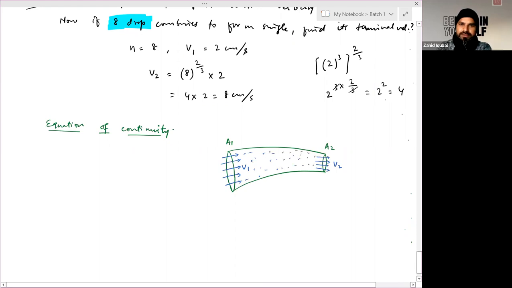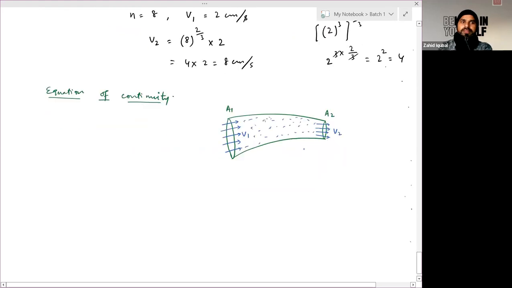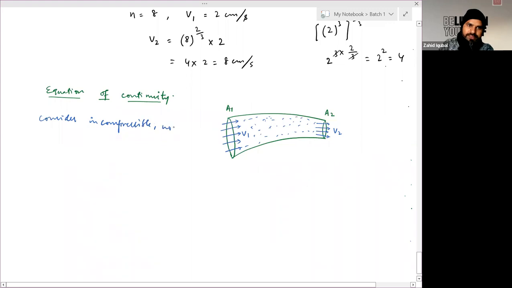So we have to define relationship between these two terms, for non-viscous liquid flowing in a tube of varying cross section.